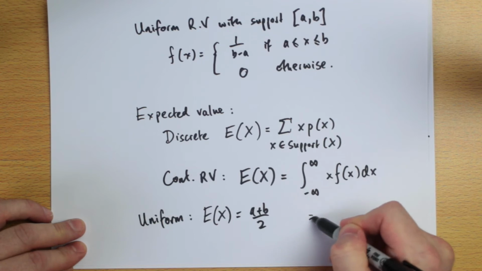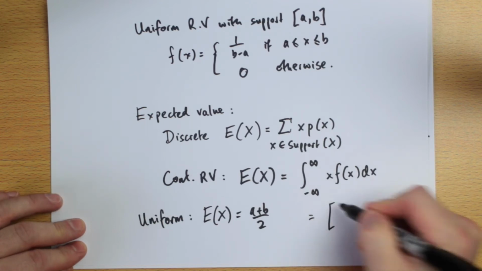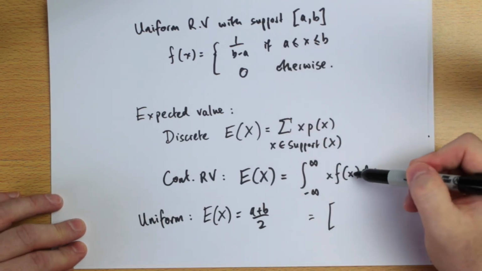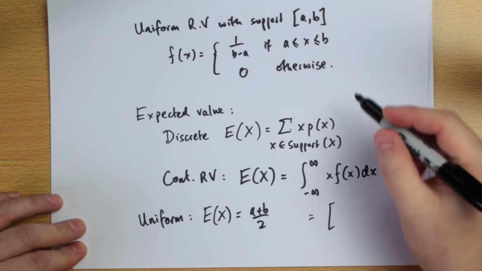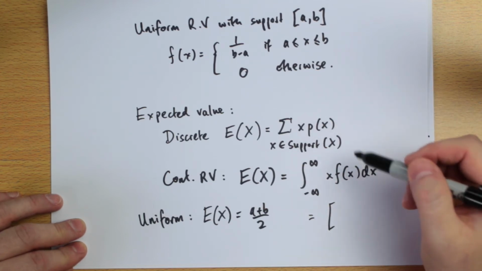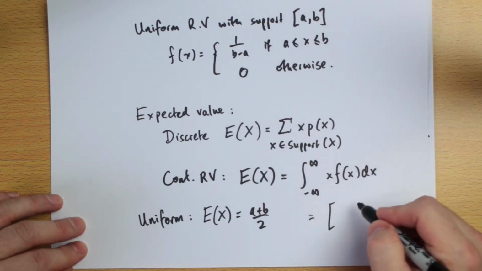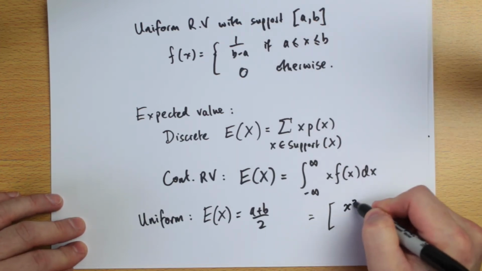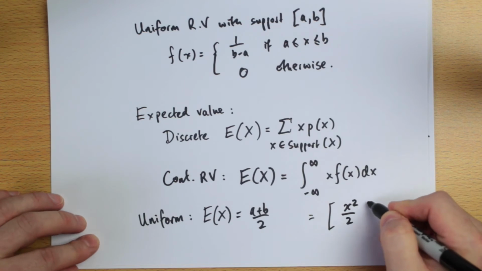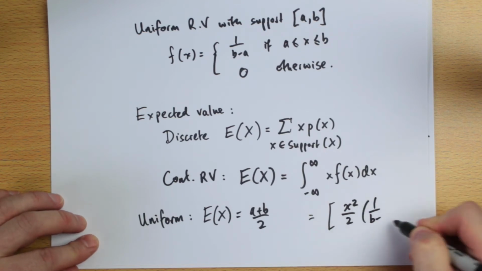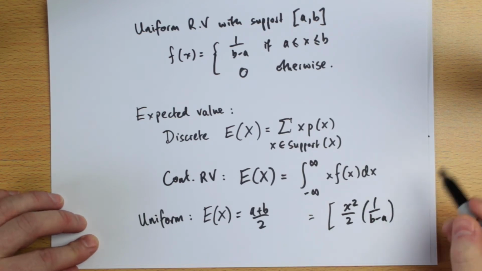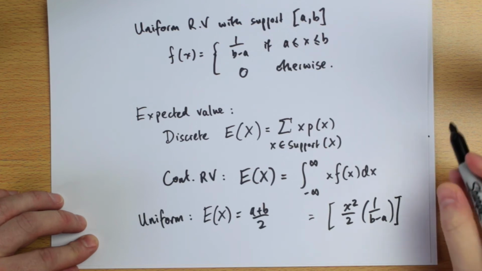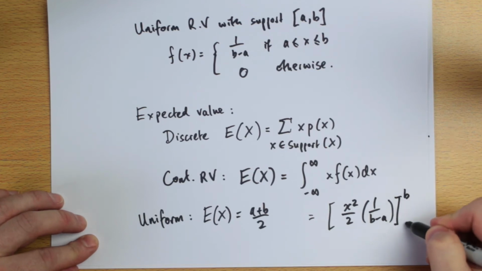This integral would be equal to, I take x and multiply it by the density function. So I would get x squared over 2 multiplied by 1 over b minus a, and then evaluated between a and b.